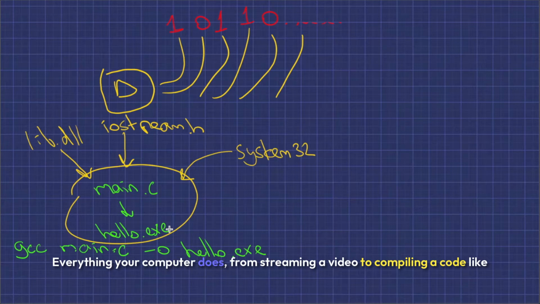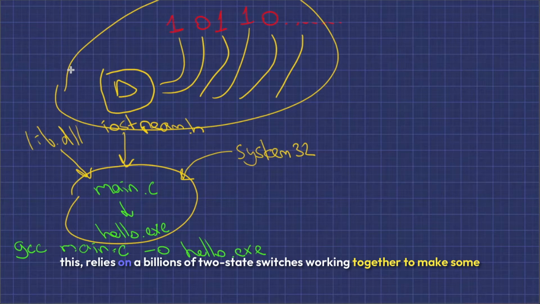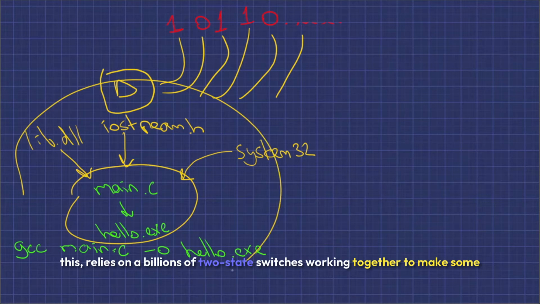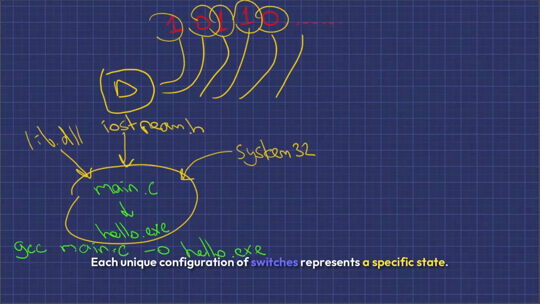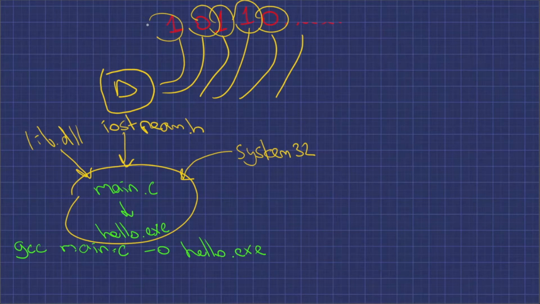Everything your computer does, from streaming a video to compiling code like this, relies on billions of two-state switches working together to make some sensible data, right? Each unique configuration of switches represents a specific state.